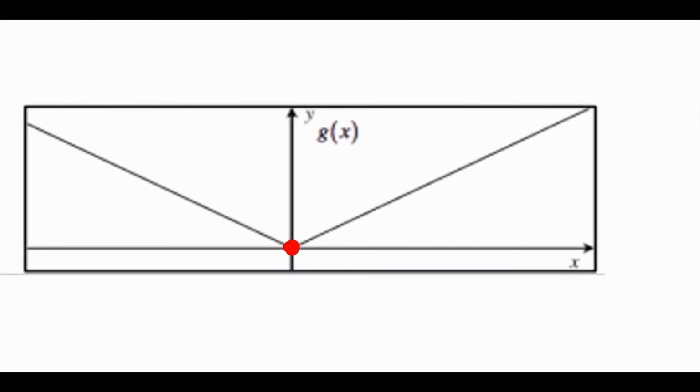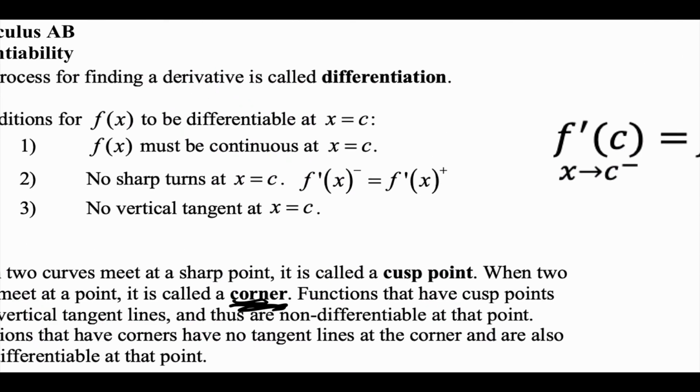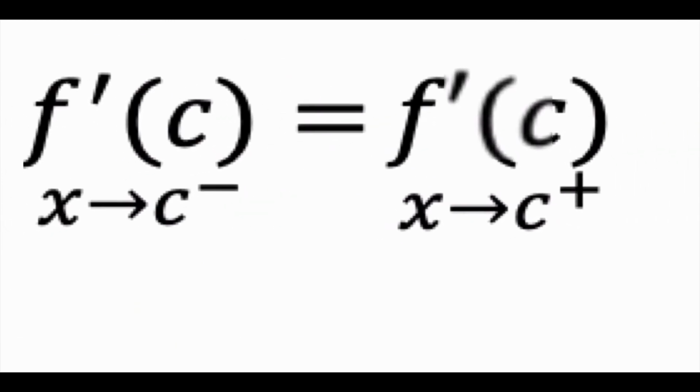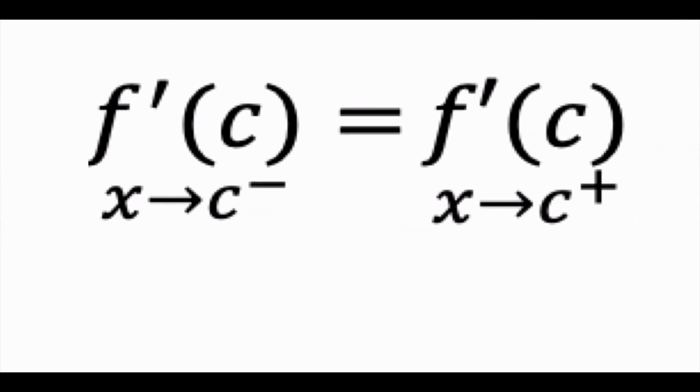We said at that red dot there was no slope because it didn't fulfill this. What does this say here?